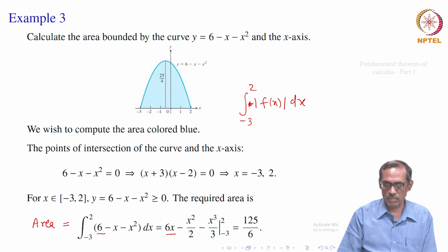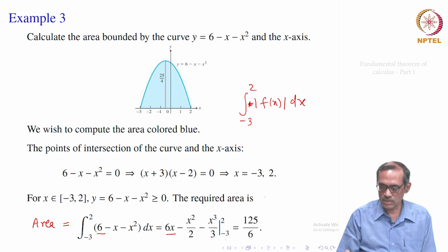Using the linearity property, we write 6x minus x square by 2 minus x cubed by 3. The connection between definite and indefinite integral is that whatever indefinite integral you get should be evaluated at minus 3 and 2. In fact, you should get plus c, but that c will get cancelled, because the same c remains when you evaluate at minus 3 and at 2. So, they get cancelled.